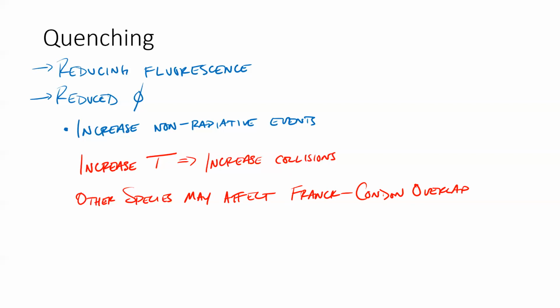And so as those other species interact with our molecule of interest, oxygen is especially notorious for this, right? If you're doing a fluorescence experiment, you want to purge your solvent of oxygen because oxygen is real bad about quenching fluorescence. Yeah, and so there's also something called resonant energy transfer.